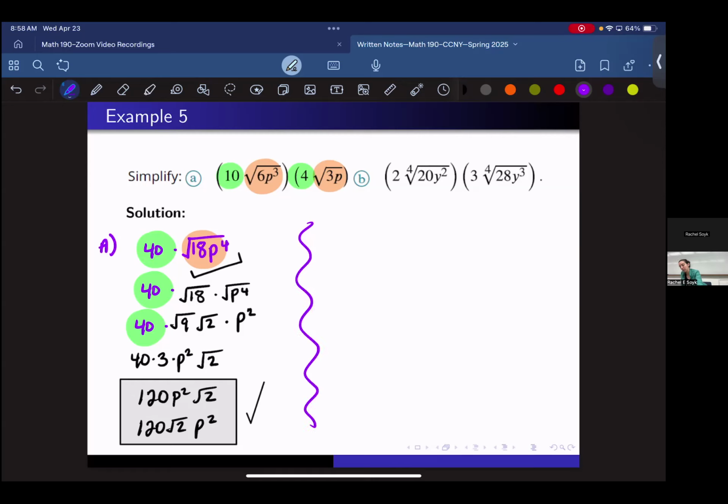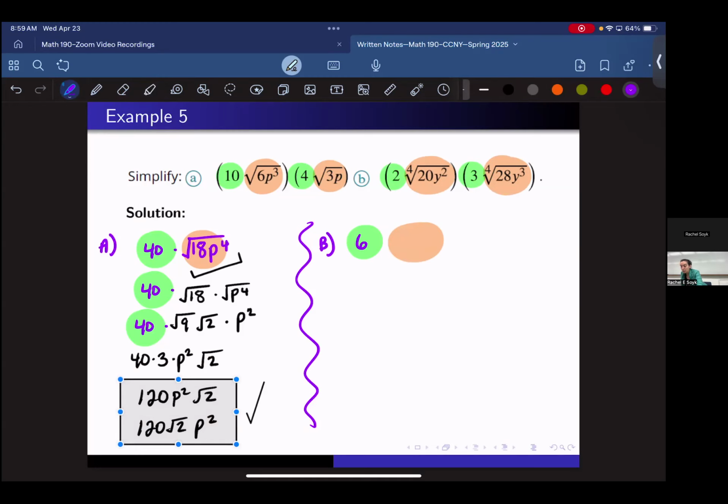Go ahead and look at B. So once again, product of the coefficients, and then product of these roots, and then simplify. 2 times 3 is 6. Quartic root of 20y squared times quartic root of 28y cubed.